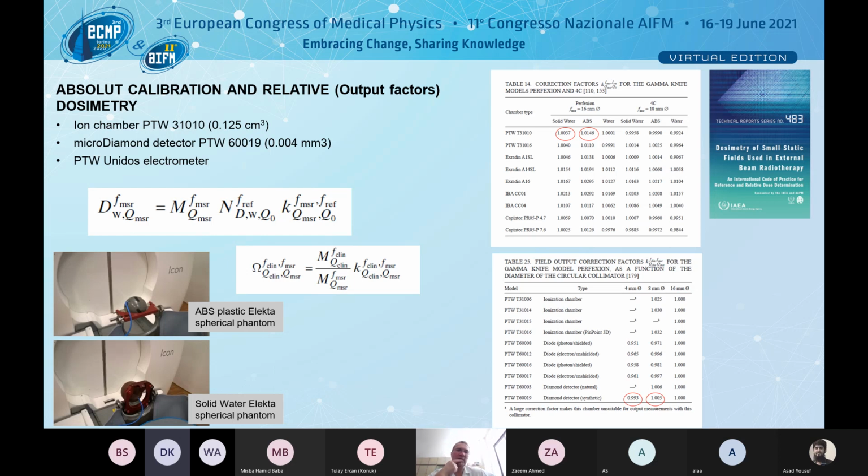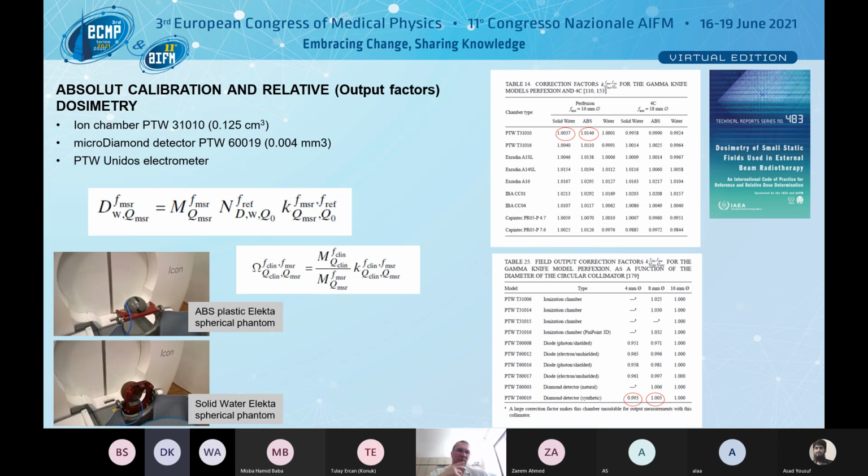You use a timer, that's the way it should be done really. On Gamma Knife, you set whatever, 20-30 minutes of beam-on time, and then you use the timer of the electrometer. If it's this kind of chamber, 1 minute is fine. If it were a smaller chamber, then maybe you can measure for 2 minutes to collect more signal.